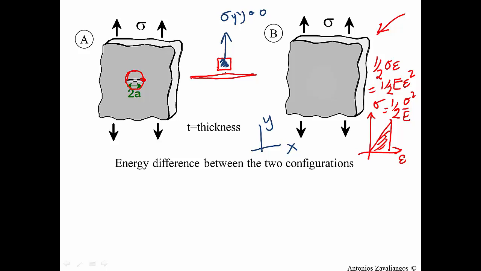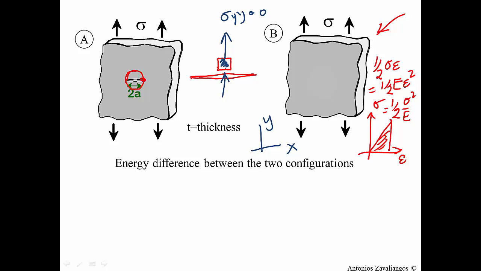It is 0 because there is nothing here on the free surface of the crack to resist that stress. So if this is a free surface, there's no force on the free surface, that means the stress in the direction normal to the surface has to be 0.